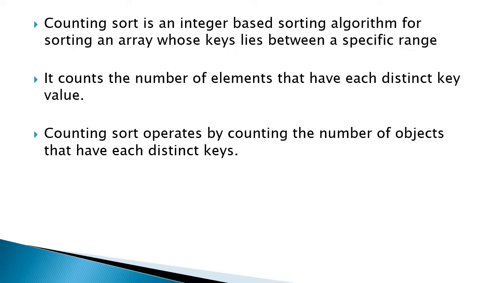Here the counting sort is an integer based sorting algorithm for sorting an array whose keys lie between a specific range. It counts the number of elements that have each distinct key value.